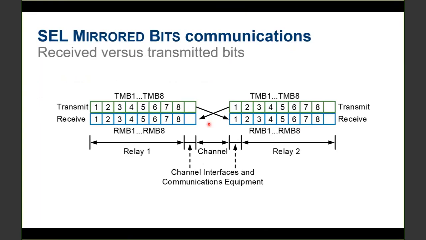Now, how does the mirror bits communication work? In this protocol, the relay repeatedly sends the status of 8 internal relay elements.